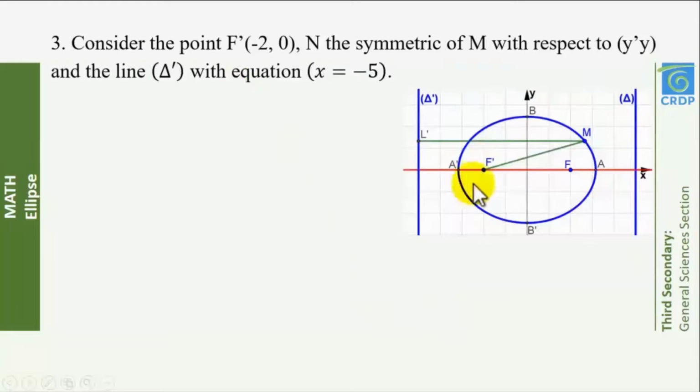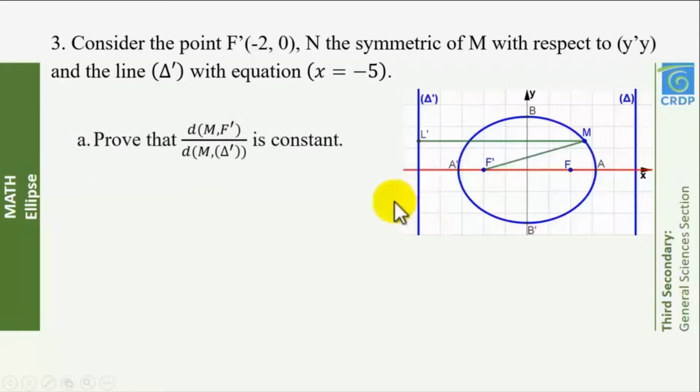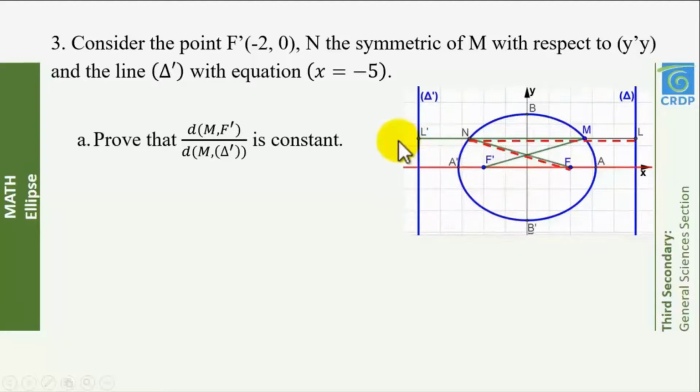Consider the point F prime (minus 2, 0), and N the symmetric of M with respect to y prime y, and the line delta prime with equation x equal minus 5. Prove that distance from M to F prime over distance from M to delta prime is constant. Since N is the symmetric of M with respect to y prime y, then N is on E. Therefore, N satisfies the relation NF over NL equal 2 over radical 10.